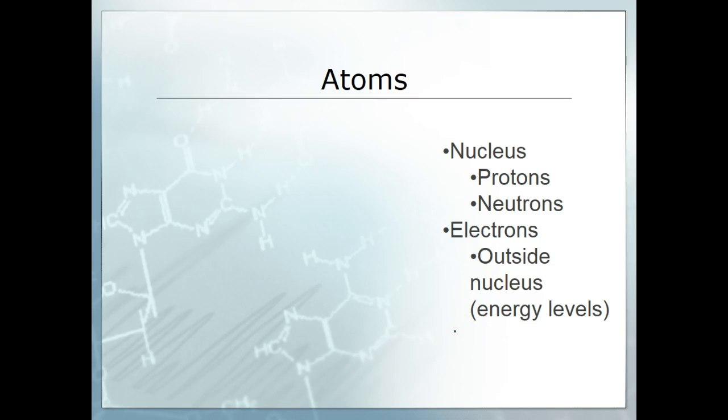We learned in chapter 1 when we did organizational structure that atoms are the smallest basic unit of matter. The word atom comes from the Greek word atomos, which means unable to be cut. That's a very good definition to have when we're talking about the smallest basic unit of matter.